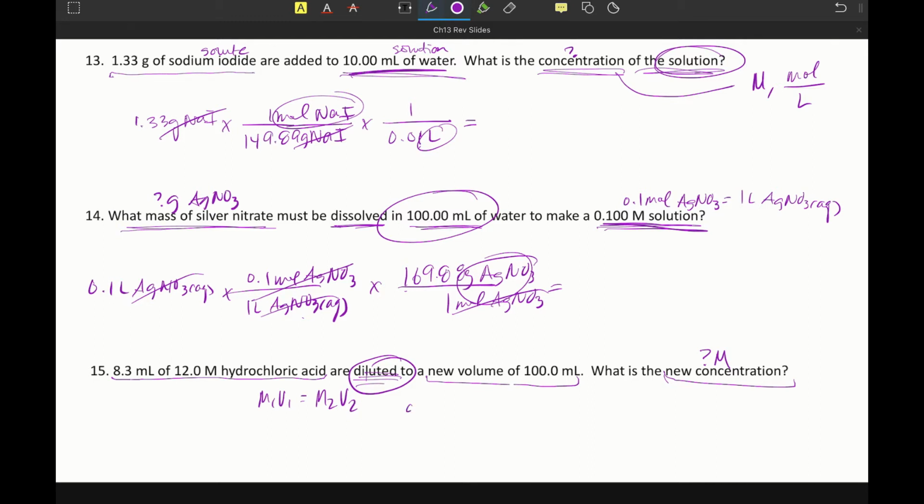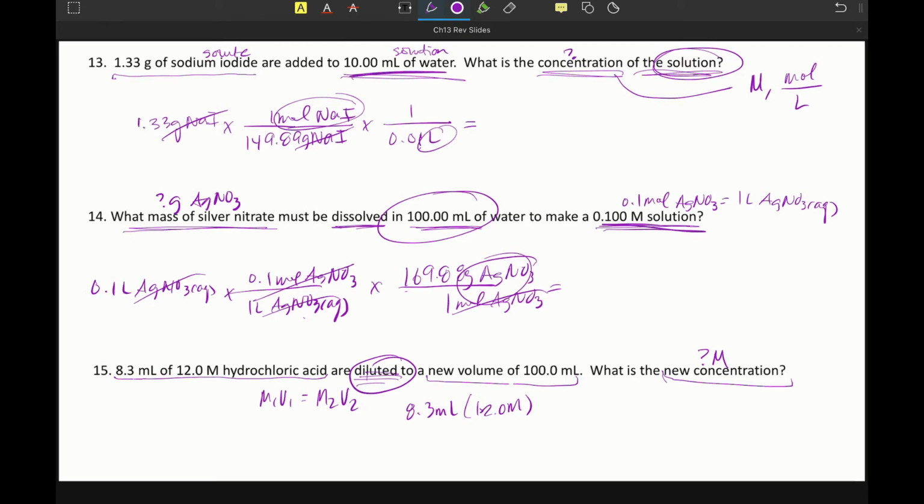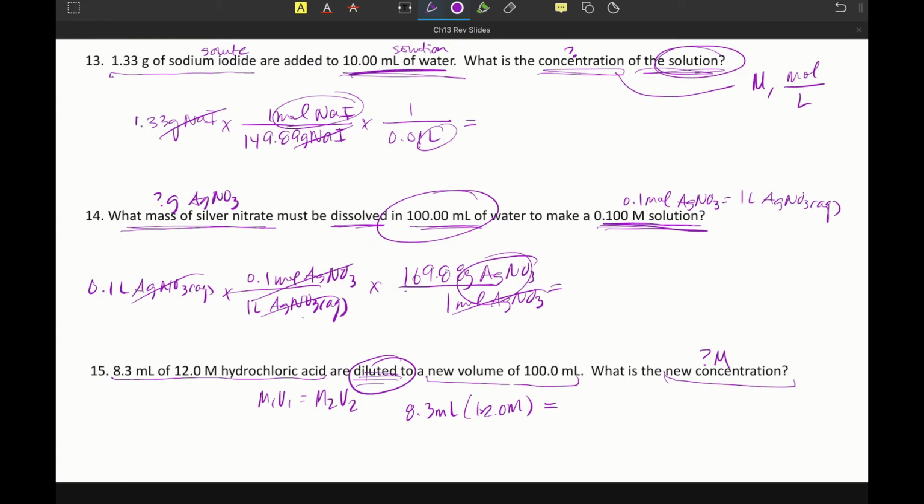So we will take our 8.3 milliliters times our 12 molar. Basically, we're going to take 8.3 milliliters of our stock solution, our concentrated solution, and dilute that up to 100 milliliters. What is going to be our new concentration? Meaning we're adding 92-ish mL of water.